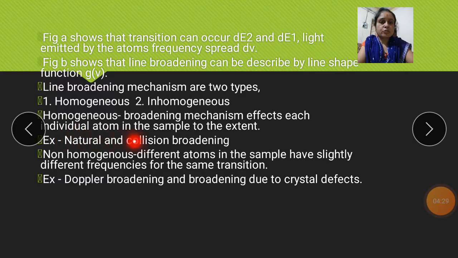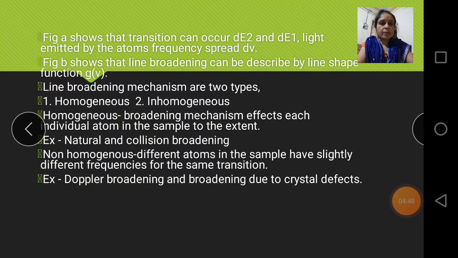For example, natural and collision broadening are the most popular examples of homogeneous mechanisms. In such cases the atoms are defined by the frequency nu0, and the sample by the line shape.